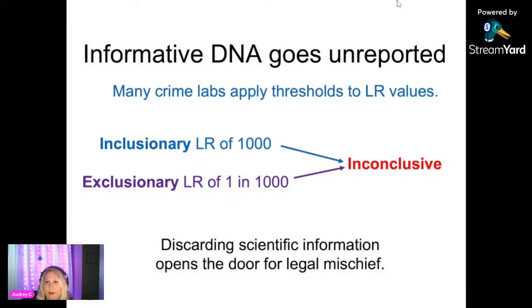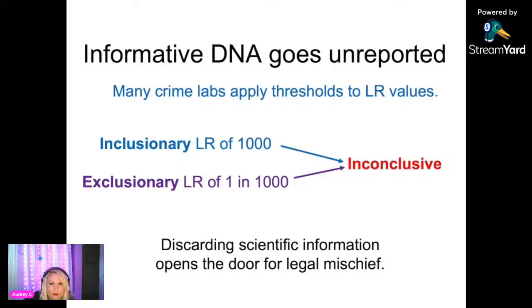But those crime labs often apply thresholds to the LR values that they obtain. So, for example, inclusionary likelihood ratios of 1,000 or under are called inconclusive, and that inculpatory evidence is not reported.